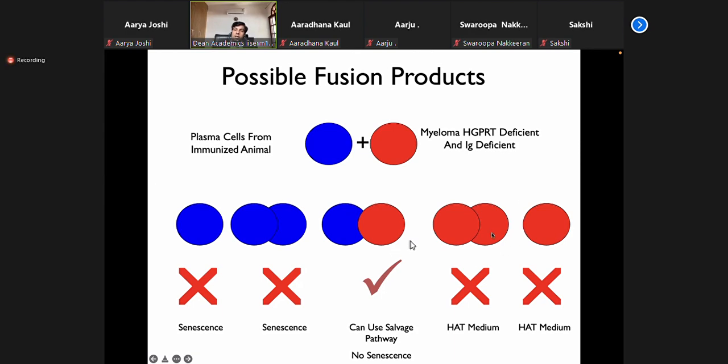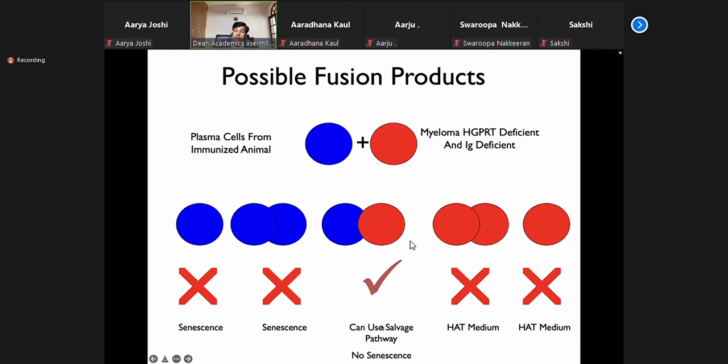And you can also have the unfused cancer cells, which, if you supplement this medium with HAT, okay, we'll talk about the composition of this medium, will be removed, because they are deficient in this HGPRT, right? So eventually you would be able to select only the fused cells from primary and the cancerous cells.